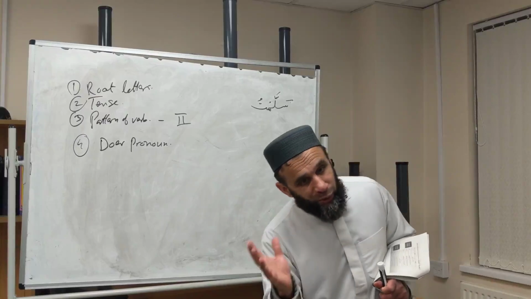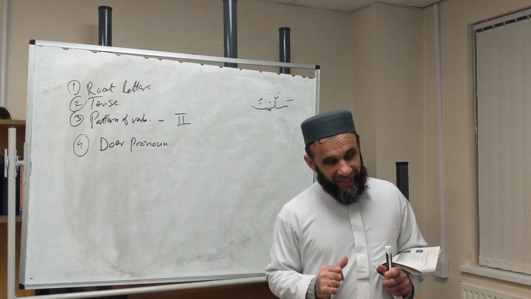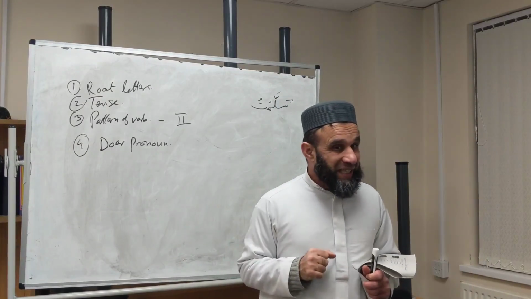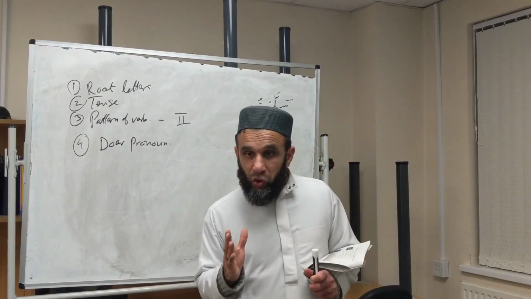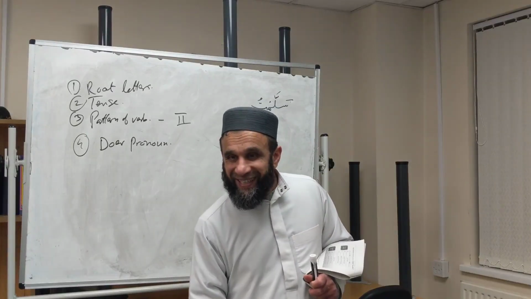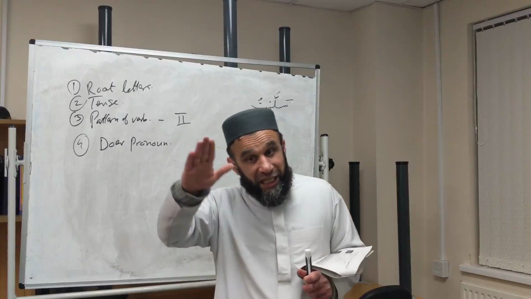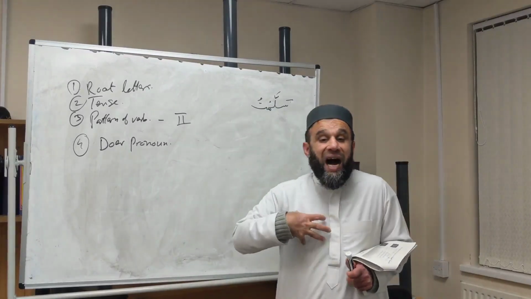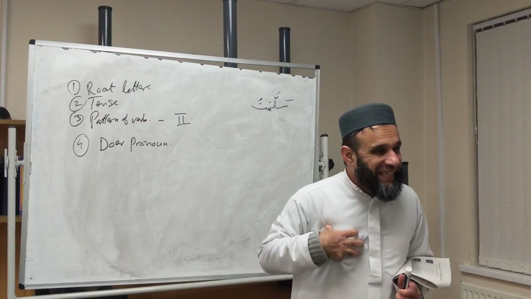No verb without a doer. Like fa'ala, the alif is a doer, the sign of the doer. So there is no verb in Arabic without a doer. So the doer is inbuilt. I am able to understand sallamtu, tu means I am the doer.